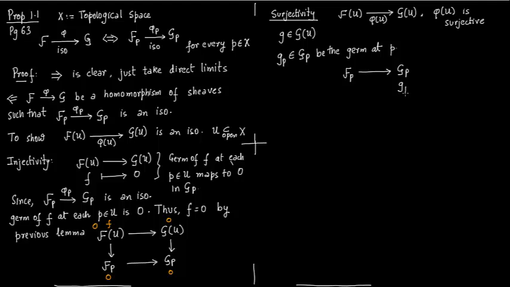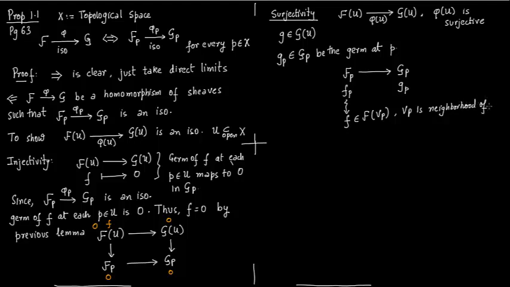So you have the germ g_p here. It comes from f_p here, because there is an isomorphism. Now f_p obviously comes from some function f restricted to a neighborhood V_p of p. By definition of germ itself, it comes from some function f restricted on a small neighborhood V_p around p.